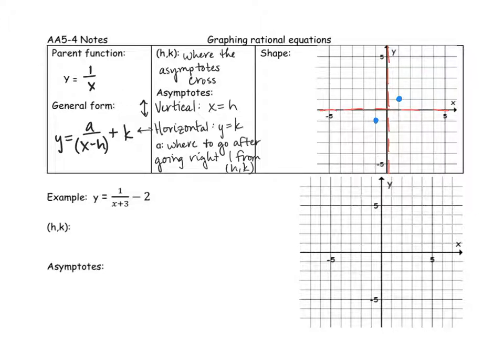Those 4 pieces, those 2 individual points and the 2 asymptotes are what you're going to need, aside from the general shape of the graph, which I'll put in a moment. The vertical asymptote, the horizontal asymptote, and those 2 points, you need to graph all those 4 parts. And then you do the general shape.